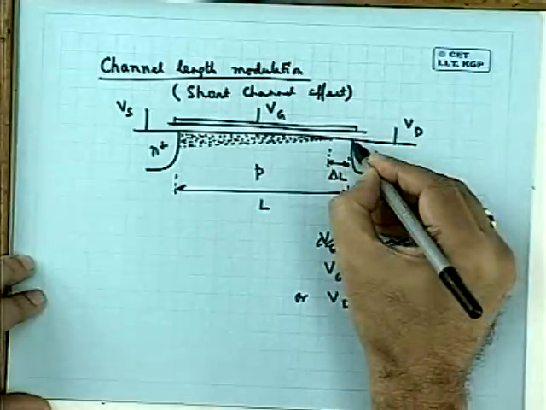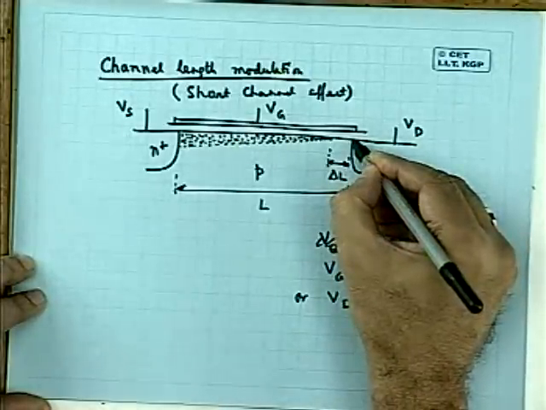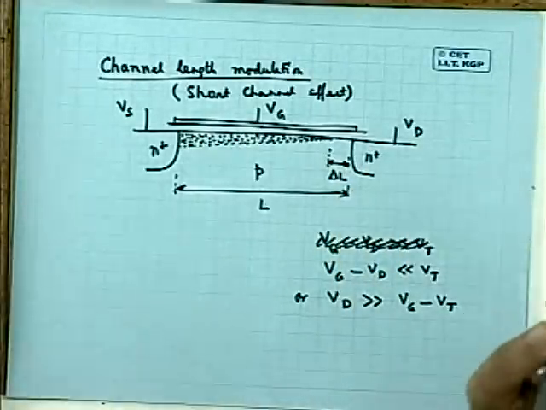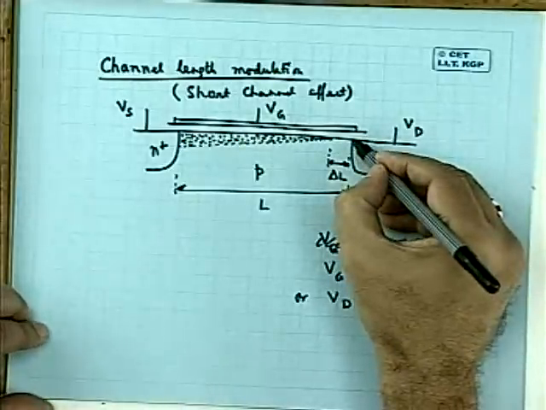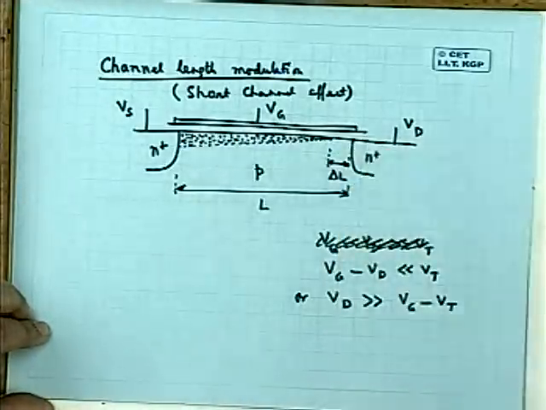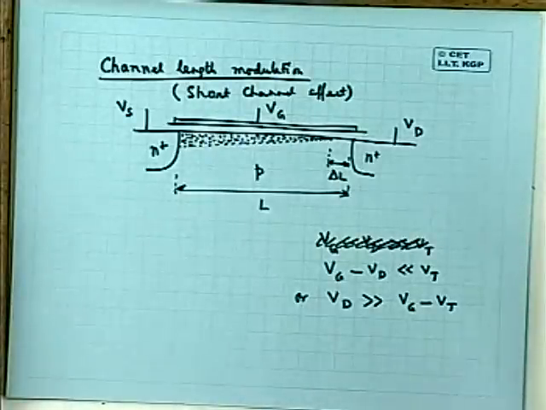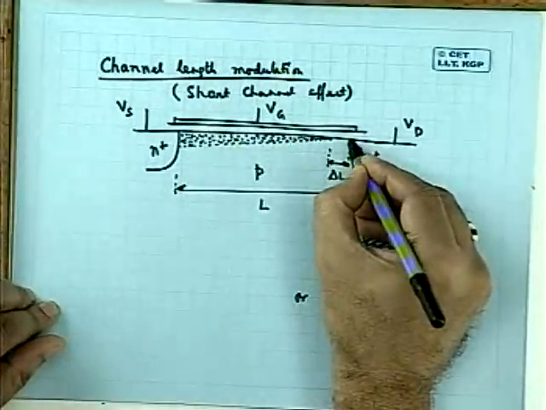Normally pinch off takes place at the onset of drain current saturation. As you increase the drain bias, the pinch off point gradually starts moving to the left.